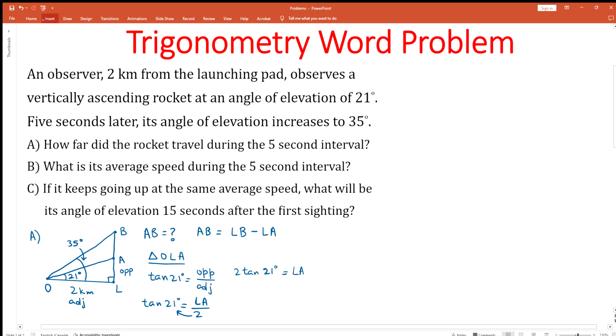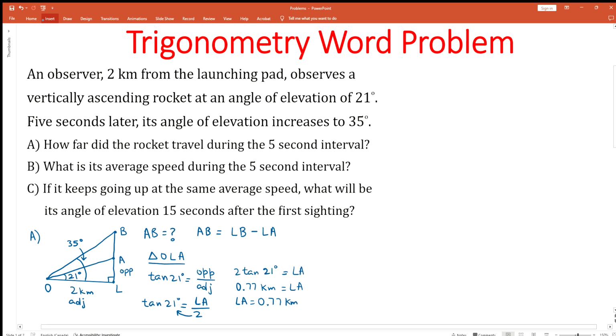Two times tan 21 degrees is equal to almost 0.77 and the unit is kilometers. So the length of side LA is 0.77 kilometers.